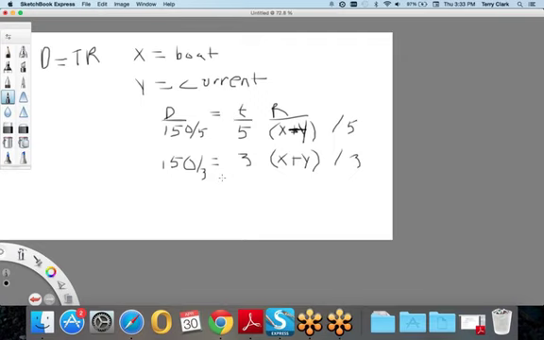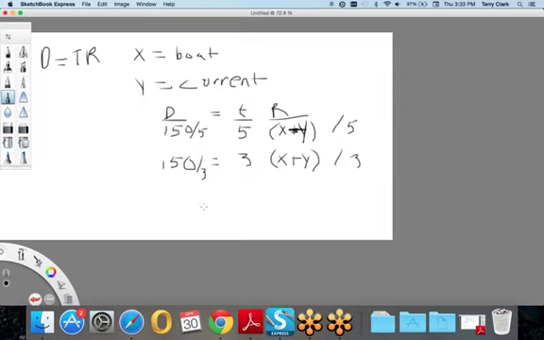Okay, by dividing both sides by 5, I'm finding an equivalent equation for the first one, and then by dividing both sides by 3, I'm finding an equivalent equation for the second one. So I'm really not changing the equations any. I'm just making them simpler, much like what you would do with fractions, when you divide both sides by the same thing.